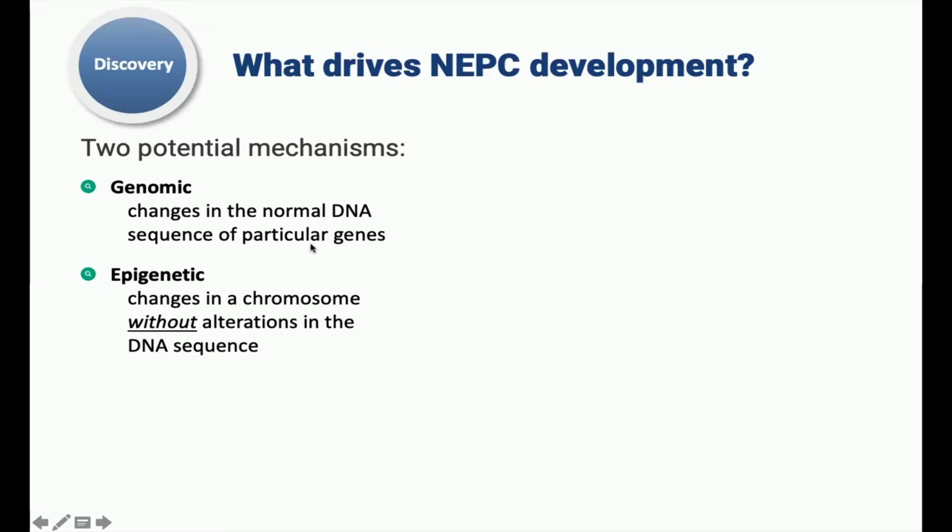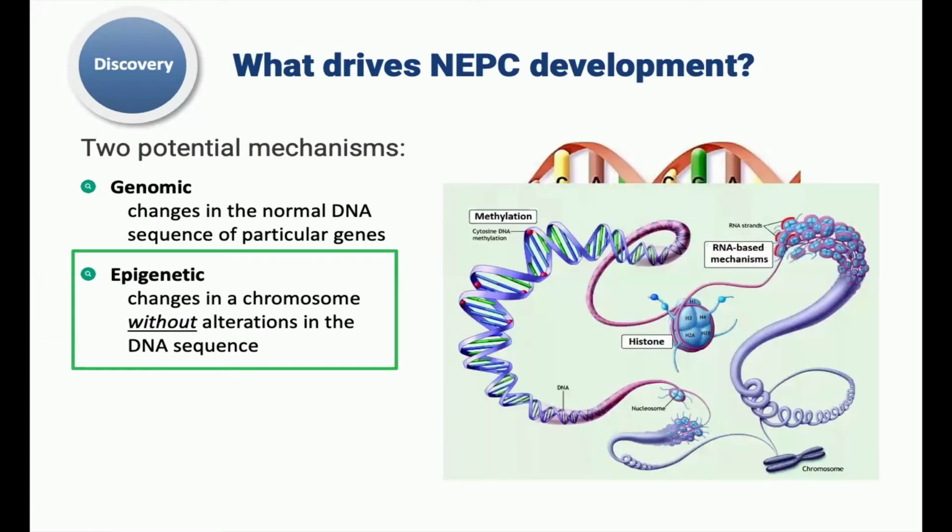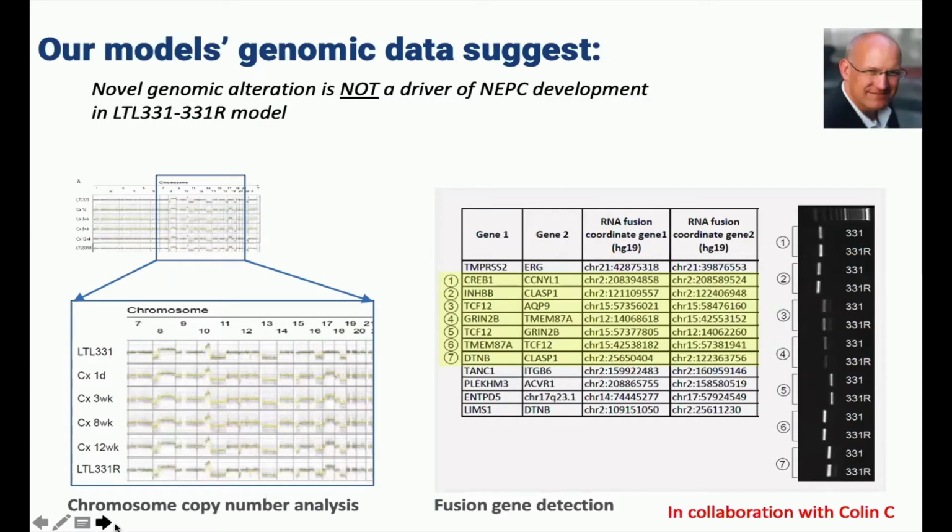Of course, we want to look at the big picture from two aspects, either genomic or epigenetic. On the genomic aspect, in collaboration with my dear friend Colin, he used all the weapons he has, using array CGH, bulk sequencing, and more recently single cell sequencing.